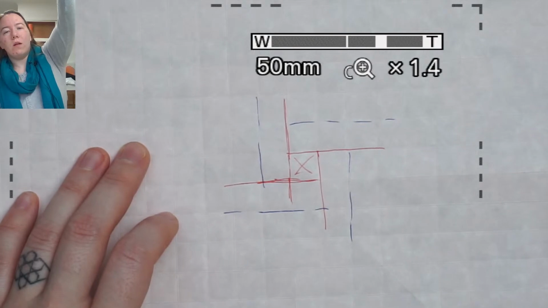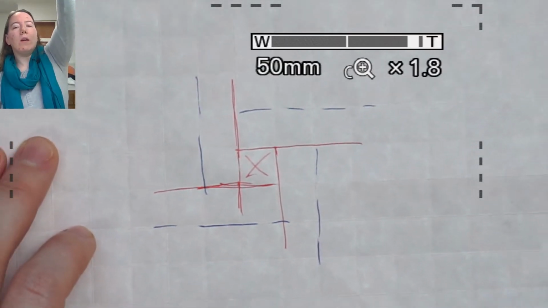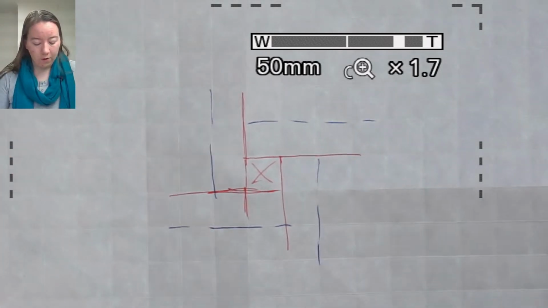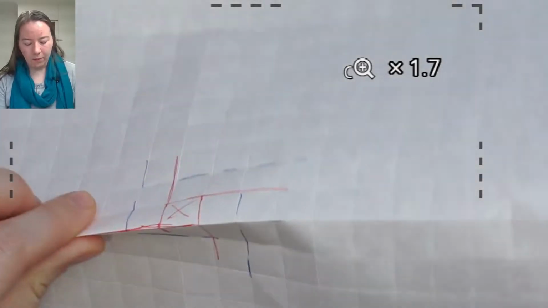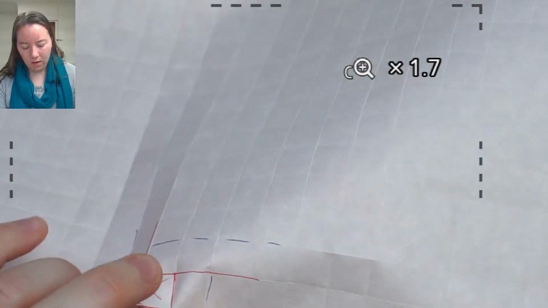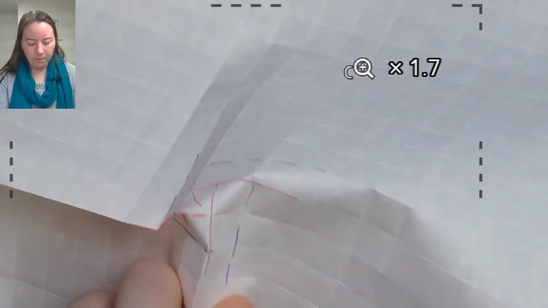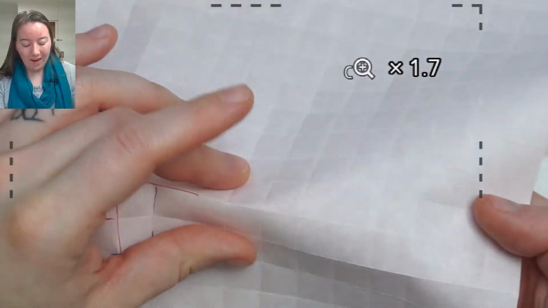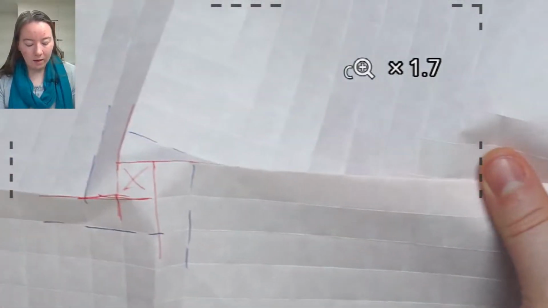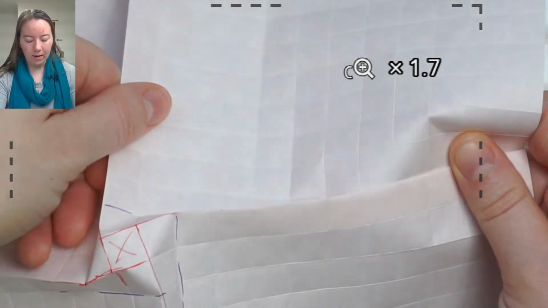And now that we've got things set up, I can go ahead and start to fold. So I'm going to bring up each grid line that's marked as mountain. My valleys are going to come exactly and no further than the next mountain they hit.